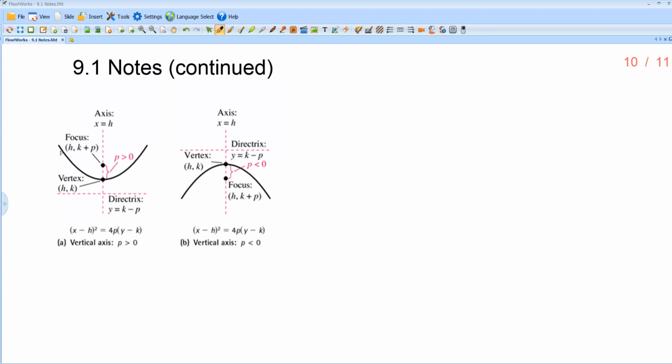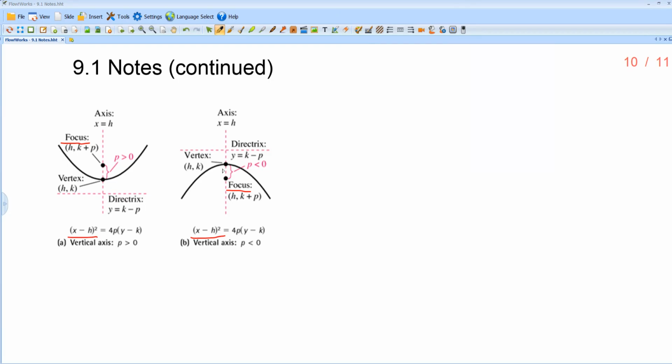So here, I have a parabola that opens up or a parabola that opens down. We're working with these ones that are x minus h squared, the parabolas we're used to. We have a lot of things going on in this graph, but the important thing is the focus. The focus is always going to be inside the parabola. It's contained in it.